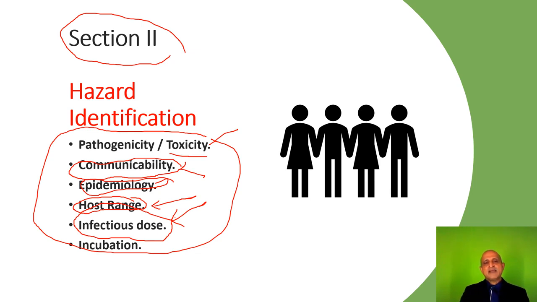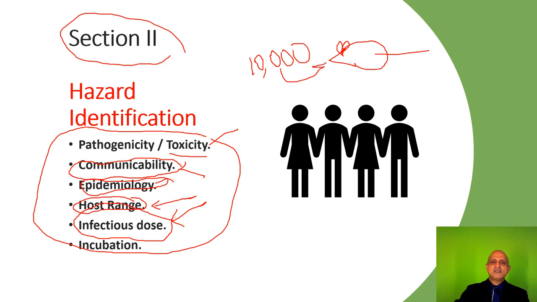For instance, we cannot conduct what is known as a Koch's postulate study with human subjects, as it is a breach of ethics. So infectious doses, for instance, you cultivate a virus in the lab and you have, for instance, 10,000 viral particles per cc of the medium, and then you expose a laboratory animal, using a murine study, for instance a mouse. You expose it to the biological agent and then you check for infection.